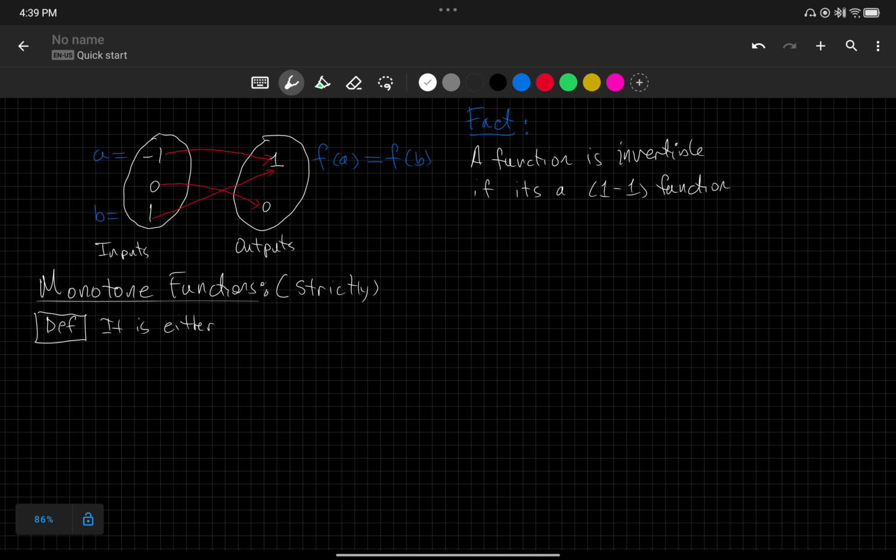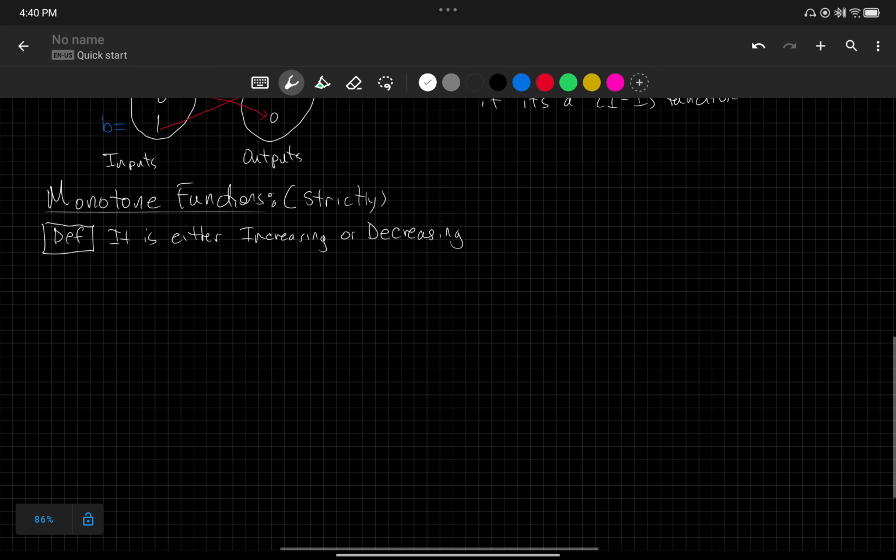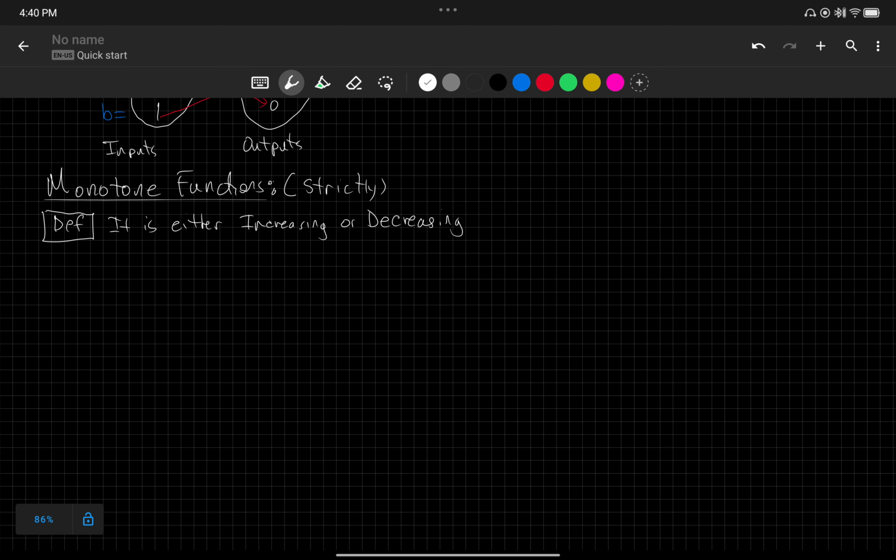Okay, so if that's the case, that is strictly increasing or decreasing, that is supposed to be a sufficient condition for it to be invertible. Let's see by the picture if that turns out to be the case.